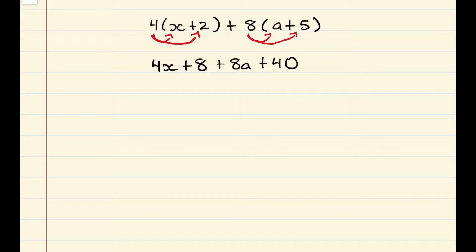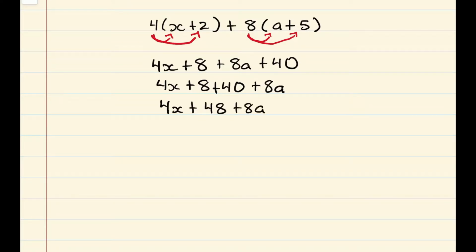Okay, so we're basically done removing the brackets, and now all we have to do is simplify. So 4x is one term, 8 is another term, and 40 and 8 are both constants, so we can add them, and then we have 8a. So then our final answer will be 4x plus 48 plus 8a.